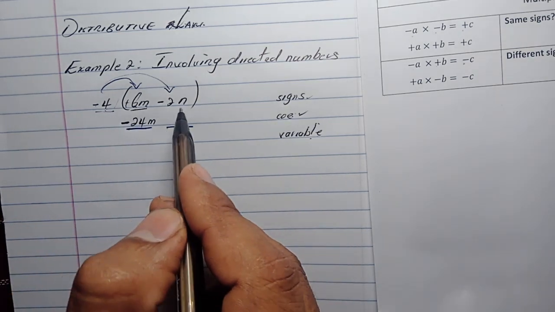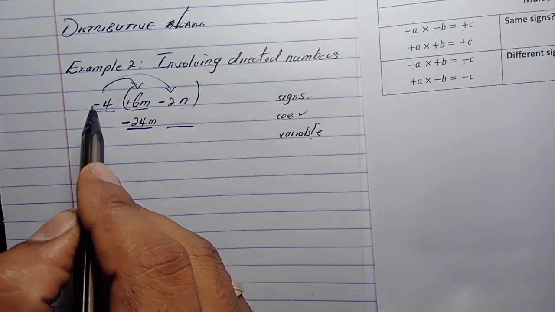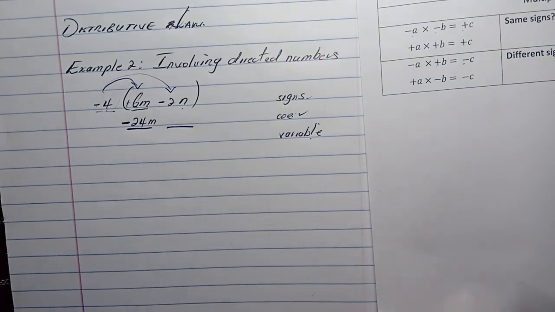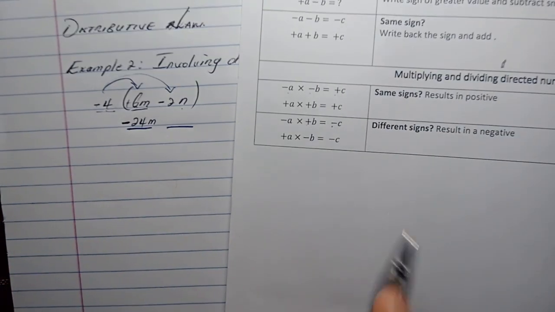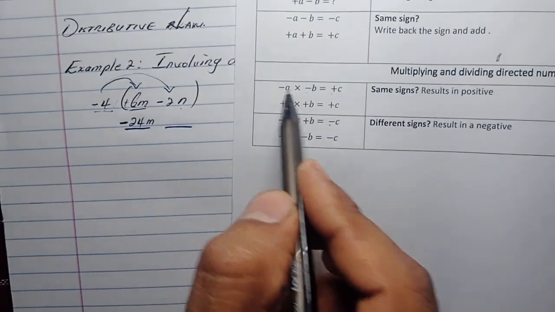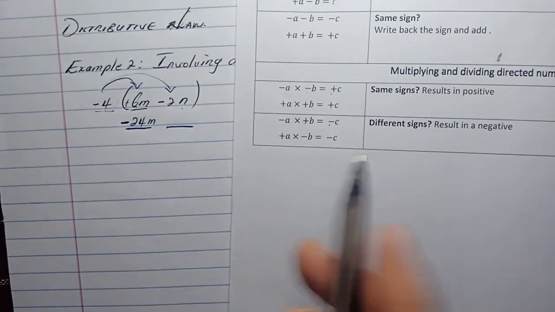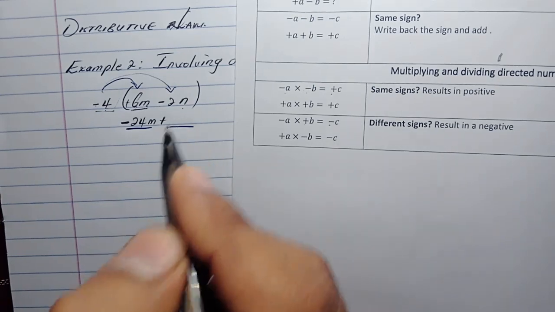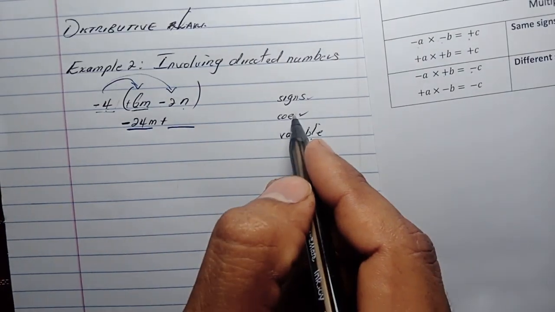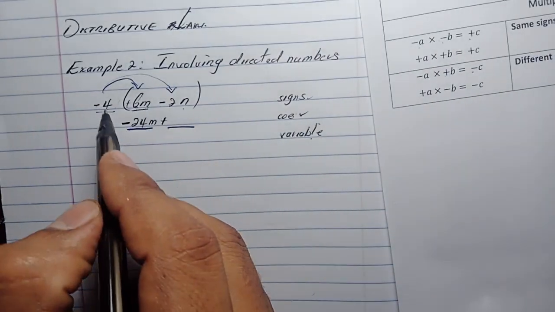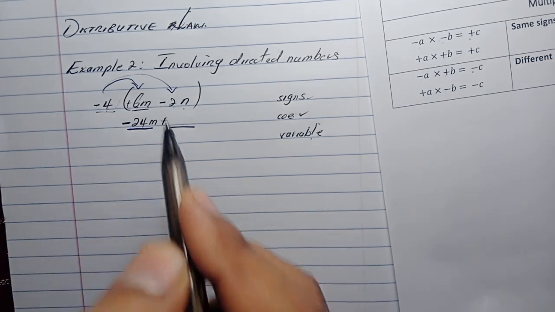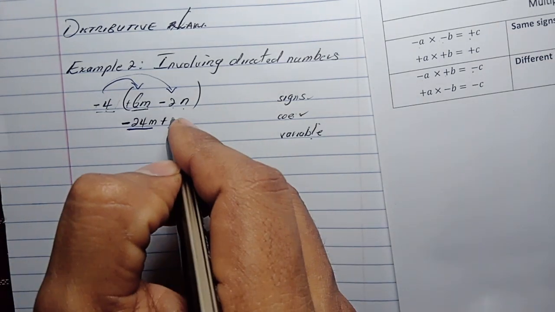Next, the second term now. Minus times minus. Let's check our little handout. Well, the signs are the same. Minus times minus will give you a positive. So we put our positive right here. Next, we have to deal with our coefficient again. So 4 times 2 is going to give you 8.